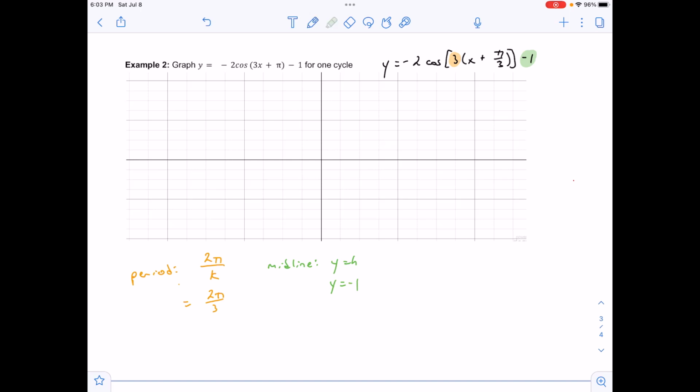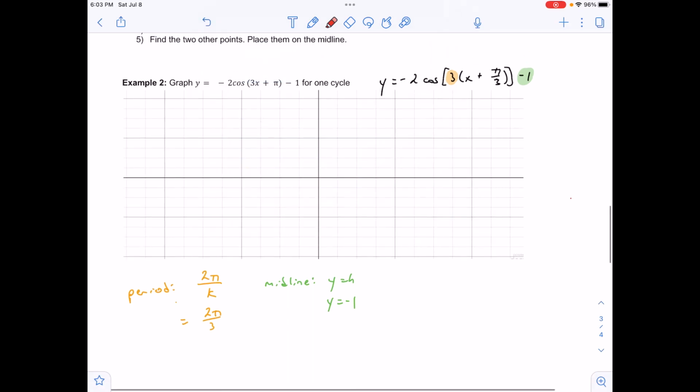We can see that there is a vertical reflection. So that means that our graph is going to take the shape of this funky N. And I can also see that there is a vertical stretch, which is going to affect our max and min.